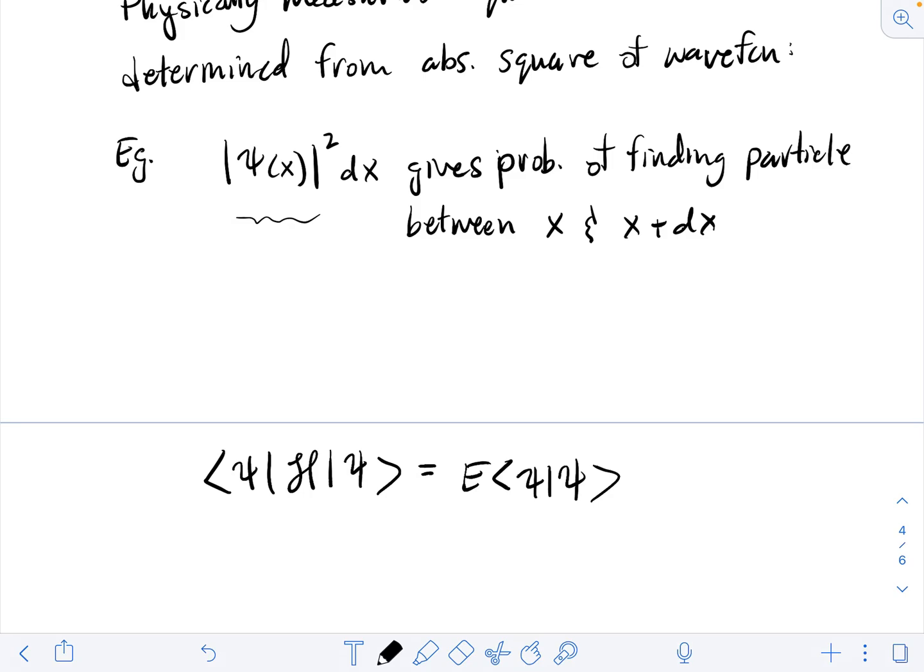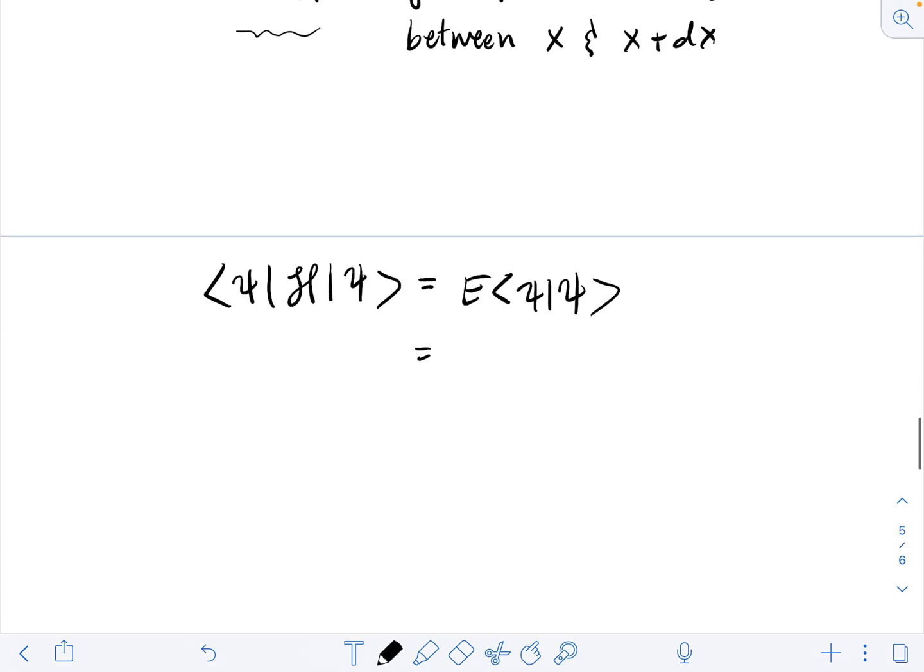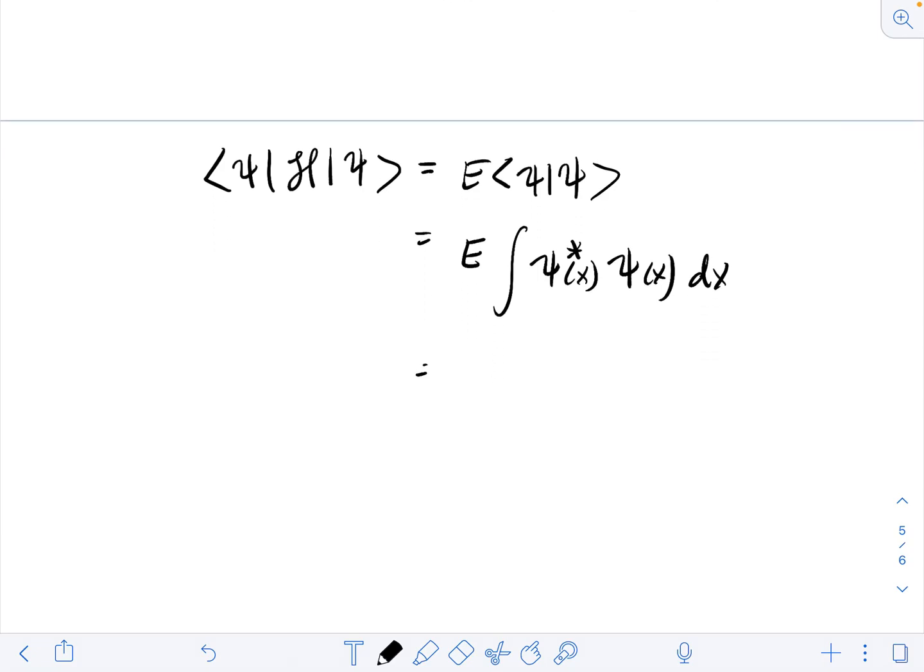And so what this Bra and Ket notation tells us, remember, is that we're going to take the conjugate of the wave function multiplied by the wave function, and then we're going to integrate that over x, which is the integral of the absolute square of the wave function.